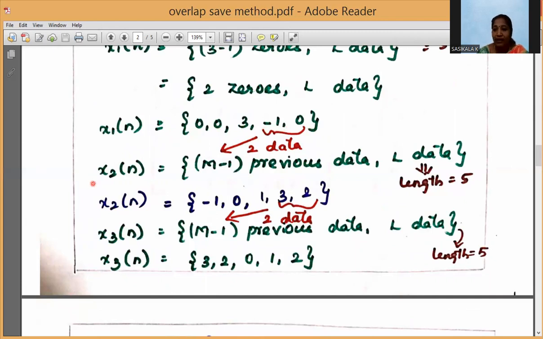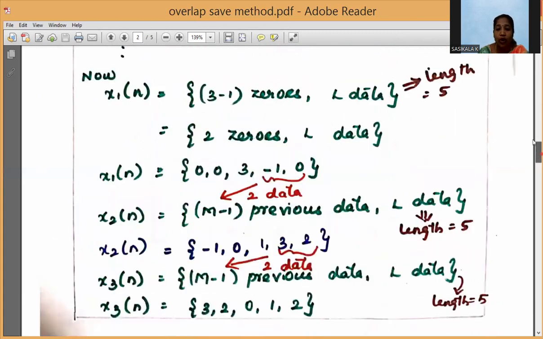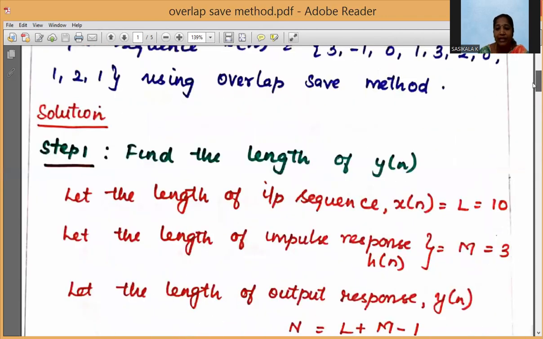Now what is x2 of n? x2 of n is equal to m minus 1 previous data. So m minus 1 is 3 minus 1, which is 2 data from the previous x1 of n. The last 2 values from x1 of n are taken and the remaining 3 data is taken from x of n.